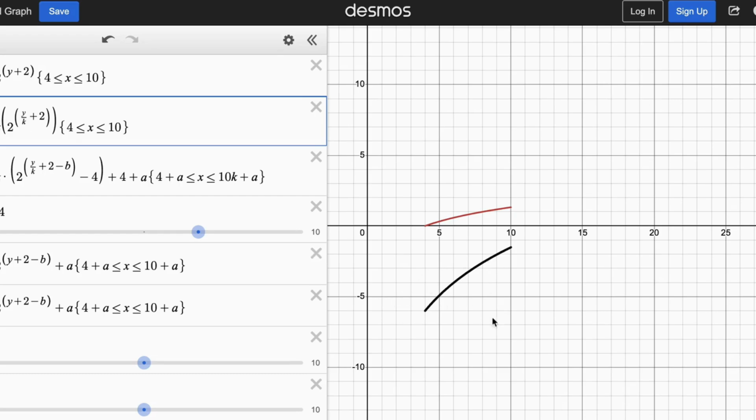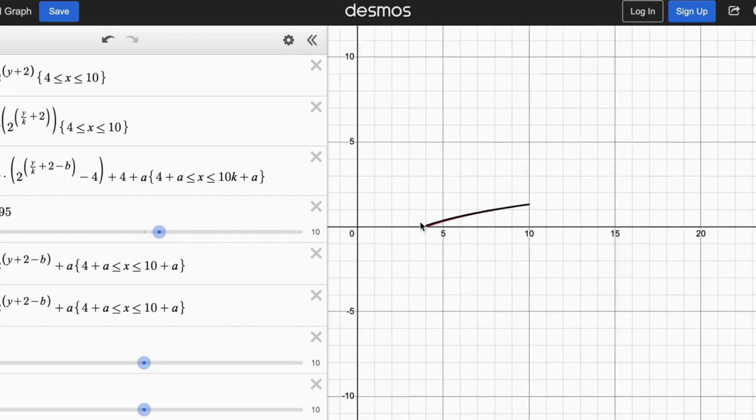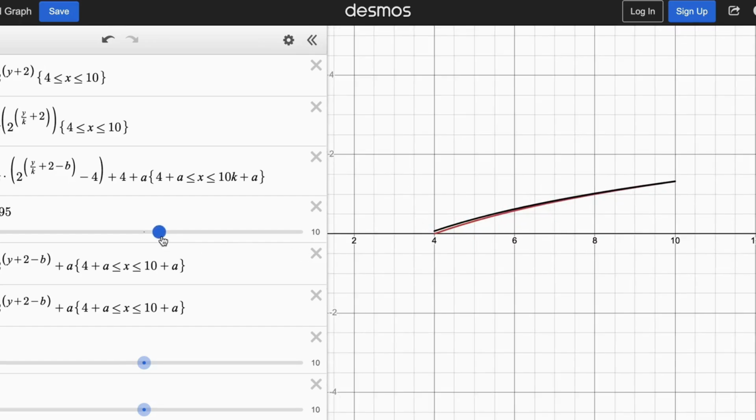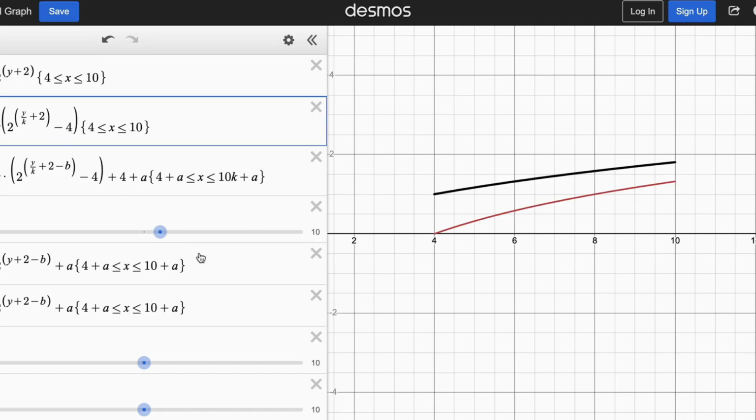So right now we've got this kind of shape over here. If we look at this, it's moving around a lot, and it's not starting at 4, 0, which is where it should start if we're scaling it up. It should be scaled up from 4, 0. So what we're going to do is take away 4.